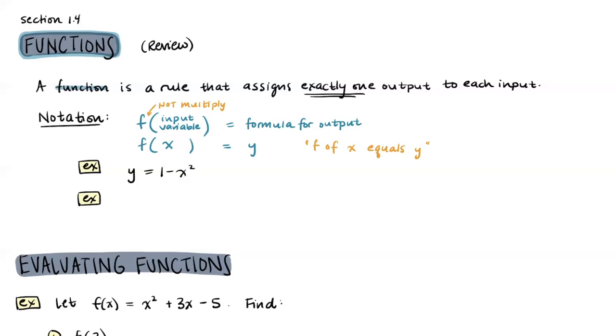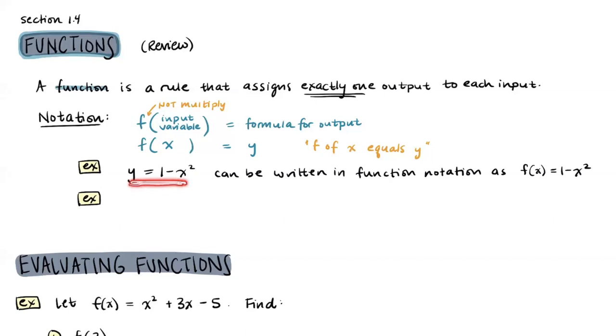So we can write this in function notation by just replacing the y with f of x. So y equals 1 minus x squared is the same thing as saying f of x equals 1 minus x squared.